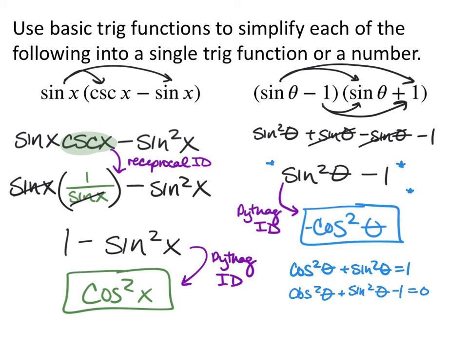And then to isolate that sine squared theta minus 1, I'm going to subtract cosine squared theta from both sides. And thus, I have the Pythagorean identity that sine squared theta minus 1 is equal to negative cosine squared of theta.